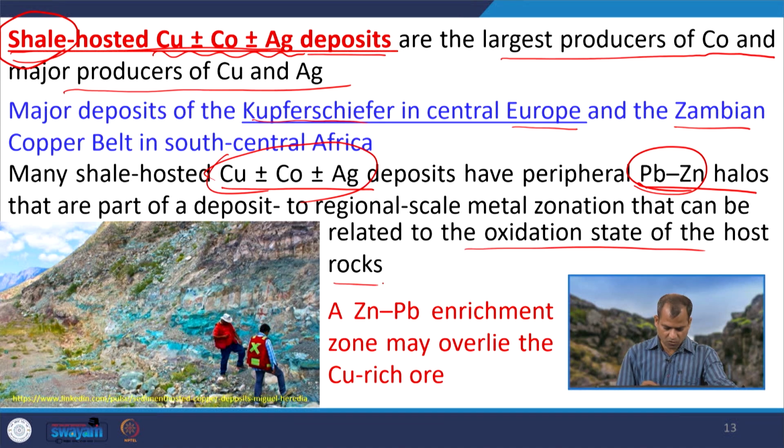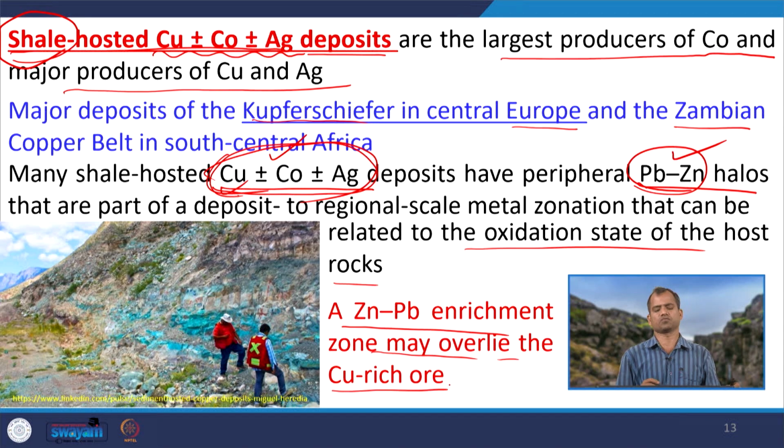So, at the core zone we are getting copper, cobalt and Ag. However, if you go to the periphery, within that zone we are getting Pb-Zn deposit, and a Zn-Pb enrichment zone may overlay the copper-rich zone also.